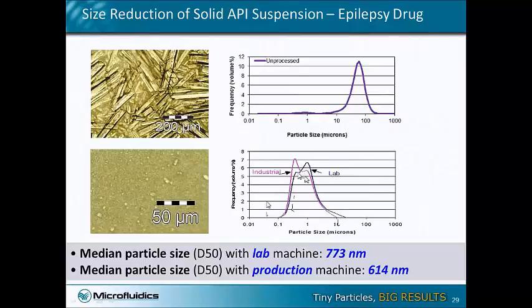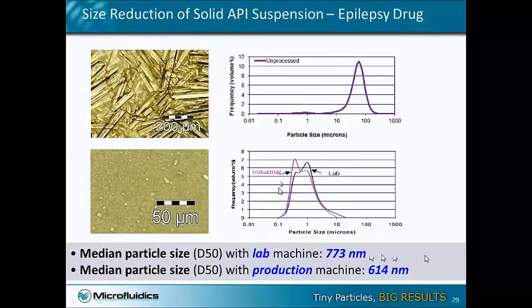You can see they both achieved very similar results. In the lab scale case, the particle size of D50 was reduced to just below 800 nanometers. The production scale machine achieved a slightly better result with a little over 400 nanometers for D50.